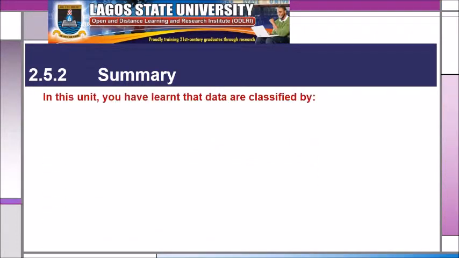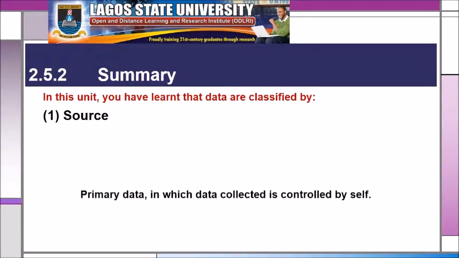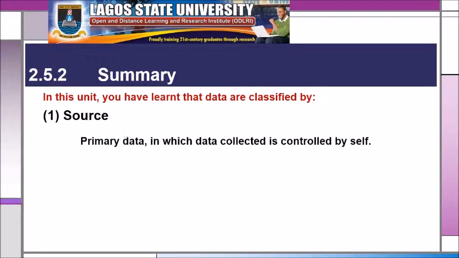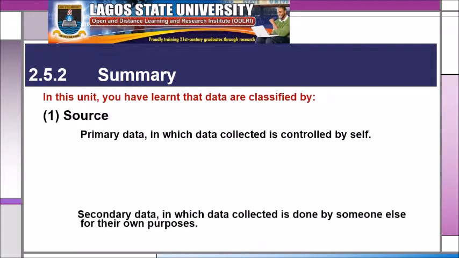Summary: what have we learned in this unit? We have learned, among other things, how data can be classified by 4 different forms, one of which is source of data, which was sub-classified into primary and secondary data.